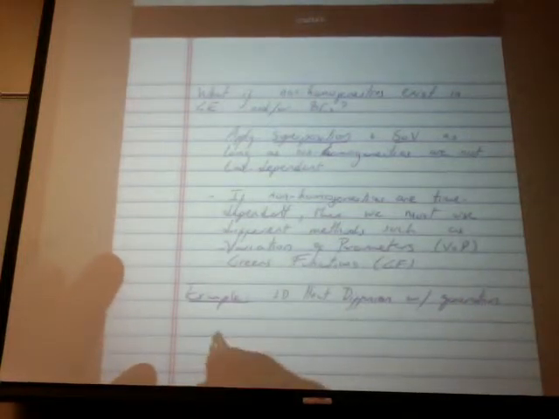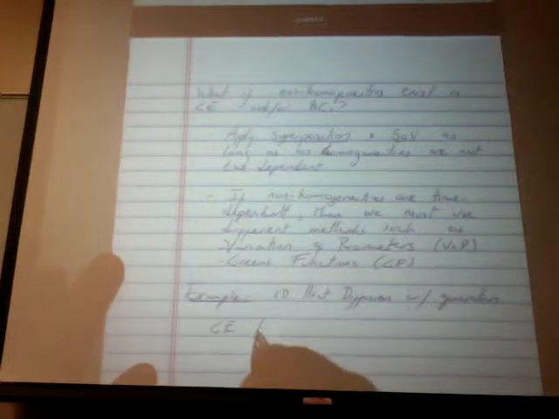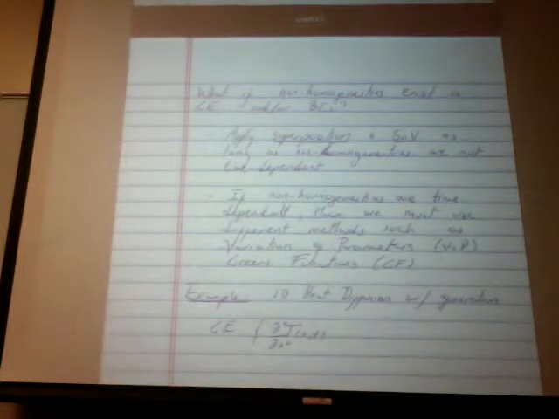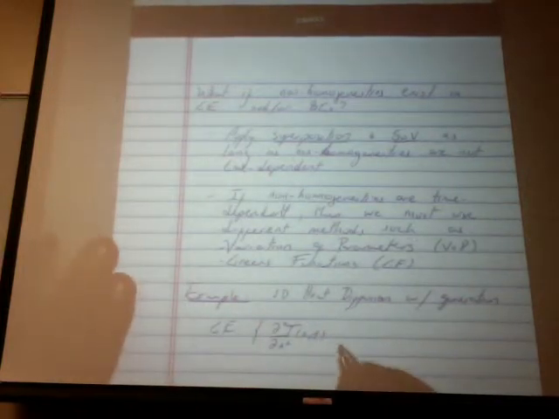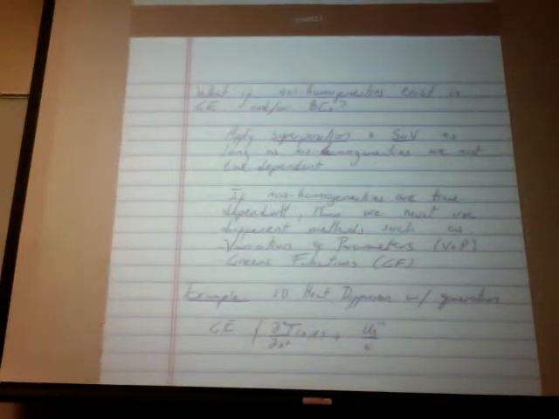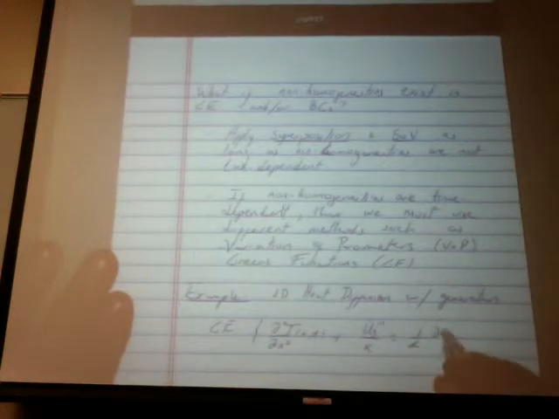So let's say that the governing equation is the second derivative of T with respect to x squared, and again we're talking about a 1D problem in time, plus u_g triple prime divided by k is equal to 1 over alpha dT/dt, with T a function of x and t.